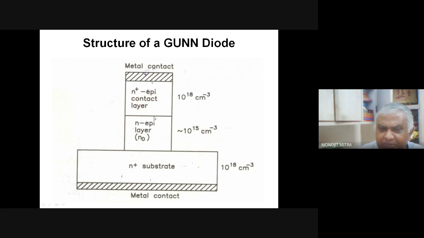But if you deposit metal directly over the N layer, that means if the N plus layers are not there, then what will happen? Let's see. Between the metal and this N layer, on this side and at the same time on the other side, I told you that between metal and semiconductor, because of the energy barrier that develops due to the work function difference, you will find some diode action.